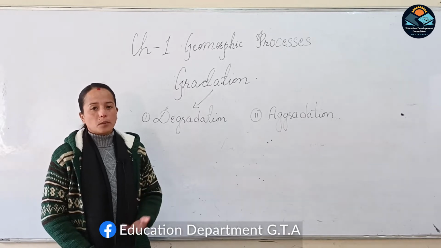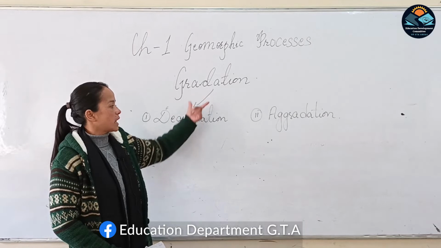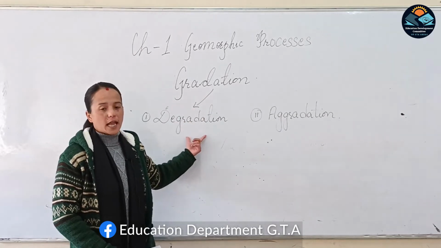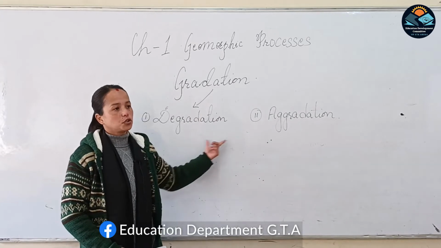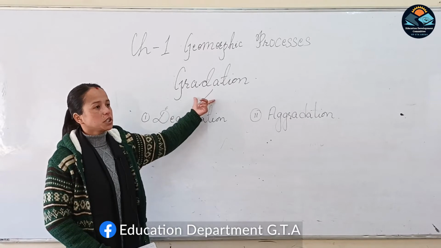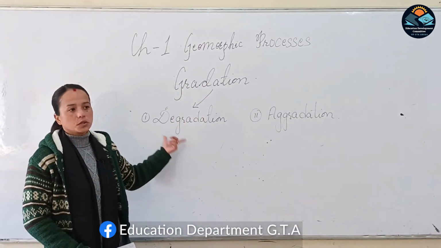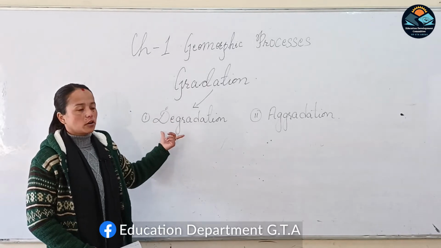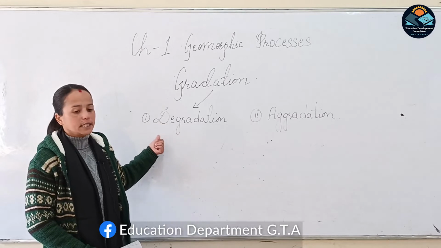This process of gradation shows its effect by degradation and aggradation. Degradation and aggradation are the two actions which are related with gradation and which help to produce the flat or a leveled earth surface. Here the first one is degradation.